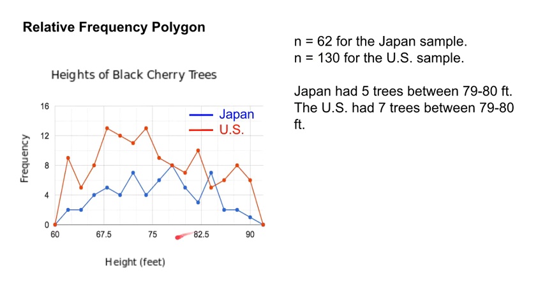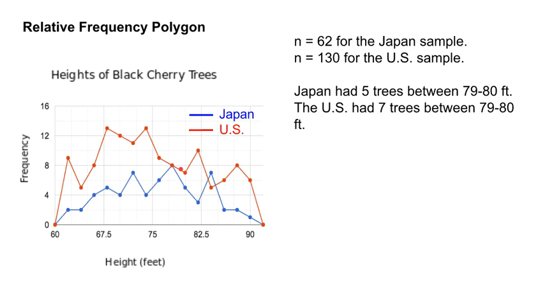We can look here between 79 and 81. Japan had 5 trees between 79 and 81. That's right here. Whereas the US had 7 trees between 79 and 81.